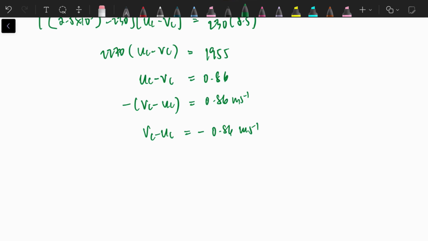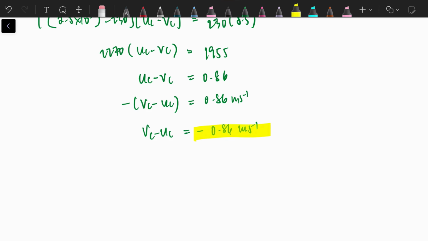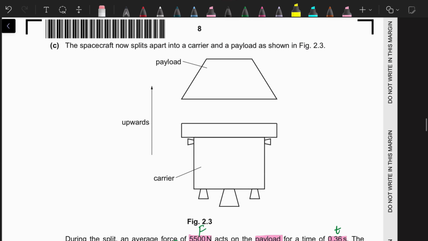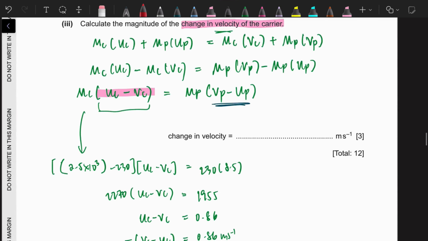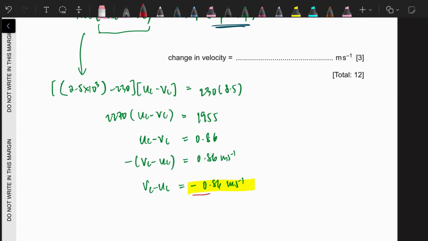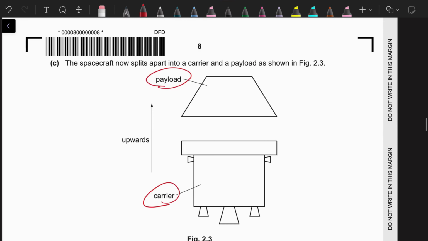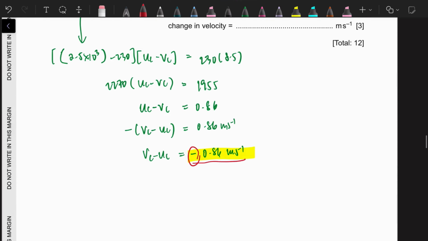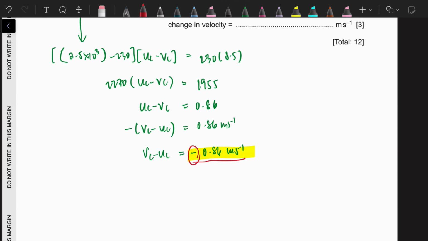Okay. Now check and see in your question, does this make sense or not? You go up. This is your payload. This is your carrier. Does it make sense that your change in velocity is negative 0.86? Negative means downward, right? And your carrier is moving downward. So it does make sense that your change in velocity is negative 0.86.